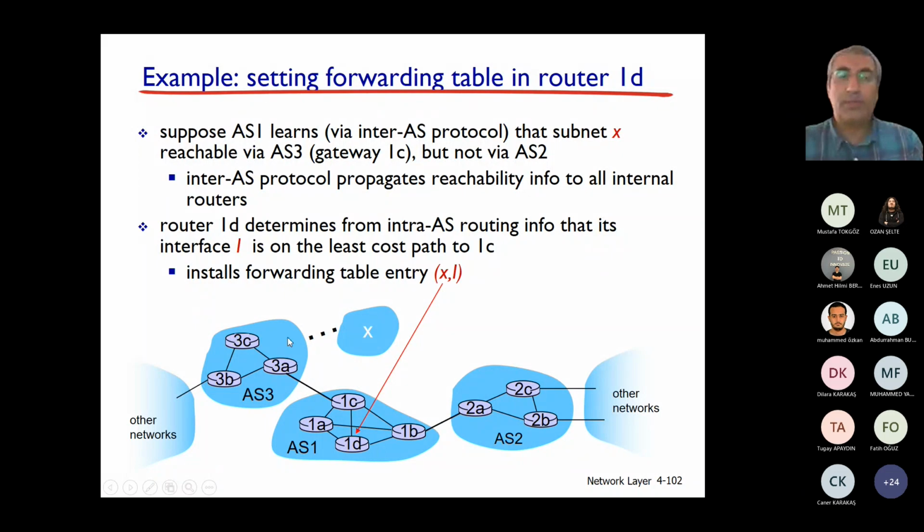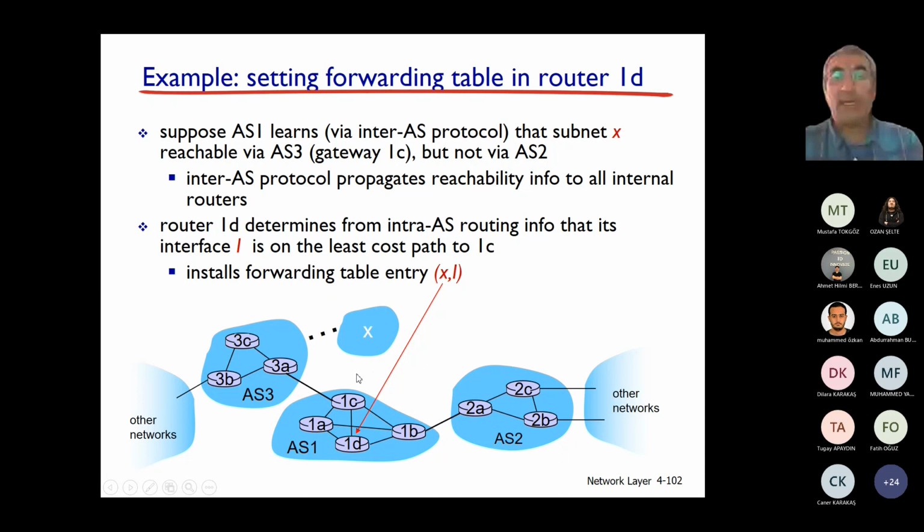Suppose AS1 learns that subnet X is reachable via AS3, through gateway 1C for instance, but not via AS2, as there is no connection between subnet X and AS2. The inter-AS protocol propagates this reachability information to all internal routers.